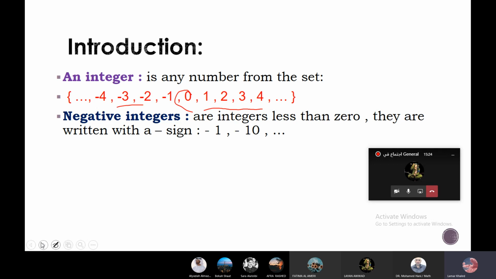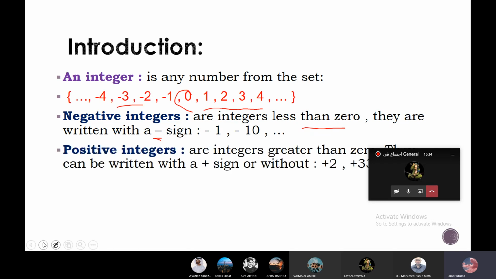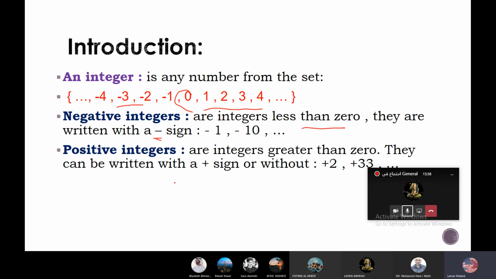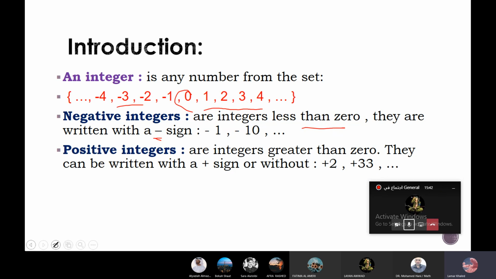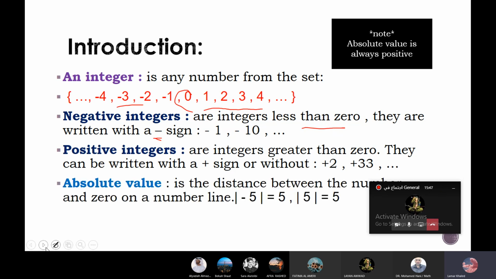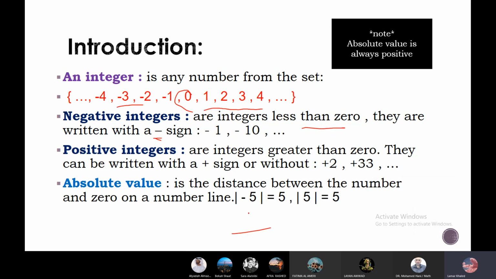First of all, negative integers are integers that are less than 0 and they are written with a minus sign. For example, -1 and -10. Positive integers are integers greater than 0 and they can be written with a plus sign or without. For example, 22 and 33. Lastly, we have absolute value, which is the distance between a number and 0 on the number line.